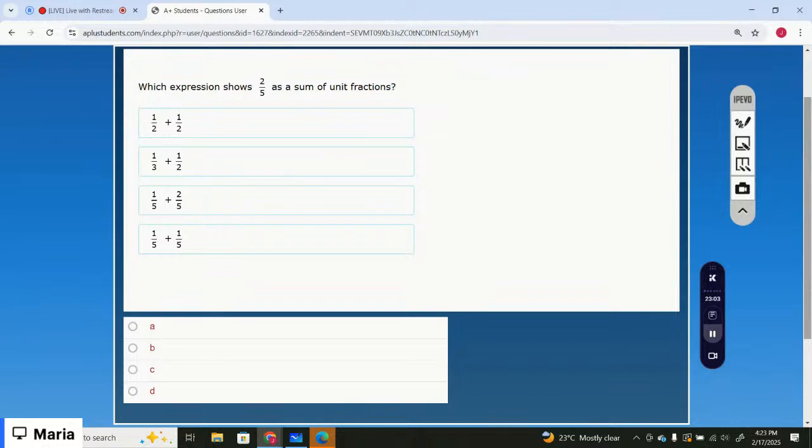That is D. You can write 2 by 5 as 1 by 5 plus 1 by 5. Option D is the correct option. 2 by 5 it is.